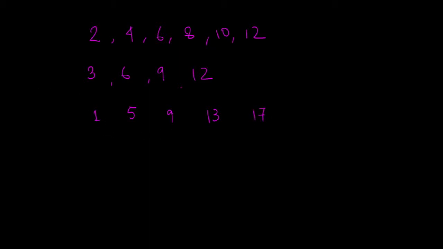What's common in all these series or progressions is that they all have a common difference. What do I mean by common difference? In all these sequences, consecutive numbers differ by a certain value.